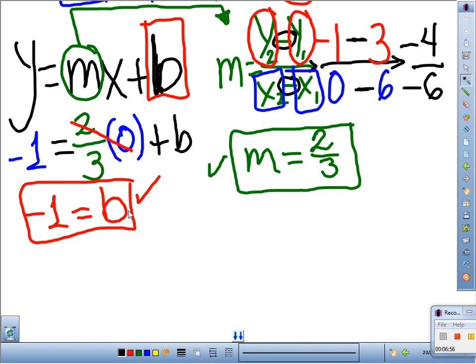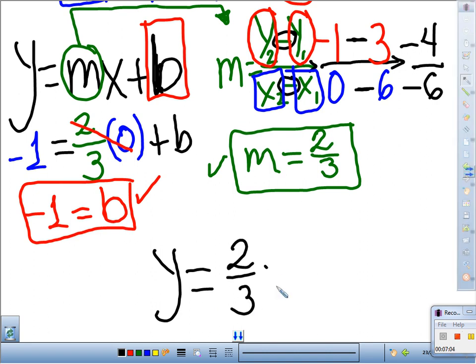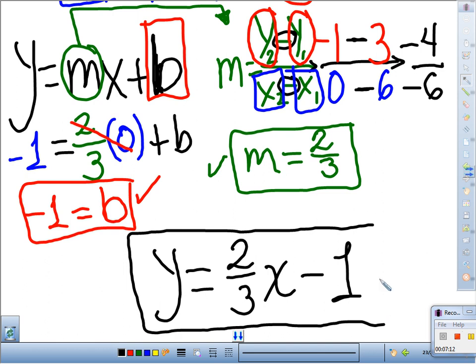Yes, using this format, I'm going to write my equation. Therefore, y equals, what is my slope? 2/3 x, and then what goes at the end? -1. This is my slope-intercept form. Plus -1, that's fine.